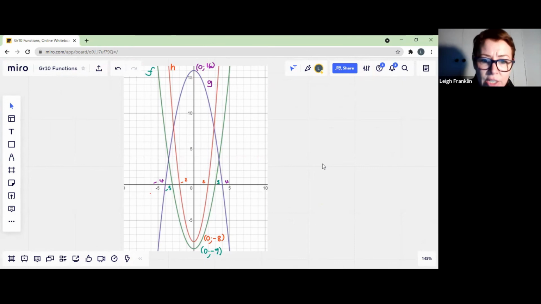Then as far as H is concerned, I've labeled its x-intercepts at -2 and 2, and its y-intercept at -8. And then if anybody did graph G, that was the only sad face, right? There's the y-intercept at 16, an x-intercept at -4, and another x-intercept at +4.